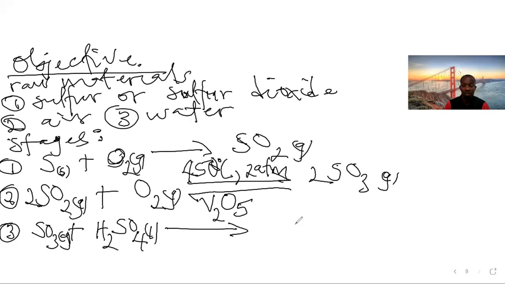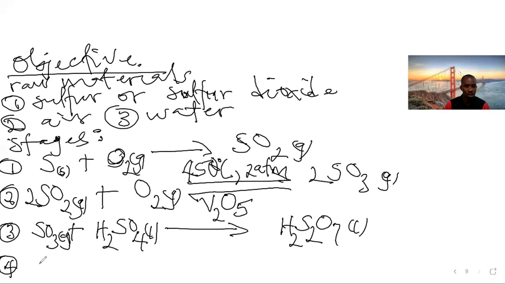And we said you don't have to bother yourself about the formula of oleum. Just remember what is involved in the reactants. Count the number of atoms. Sulfur is 2, oxygen 7, to give you a thick, oily liquid called oleum.